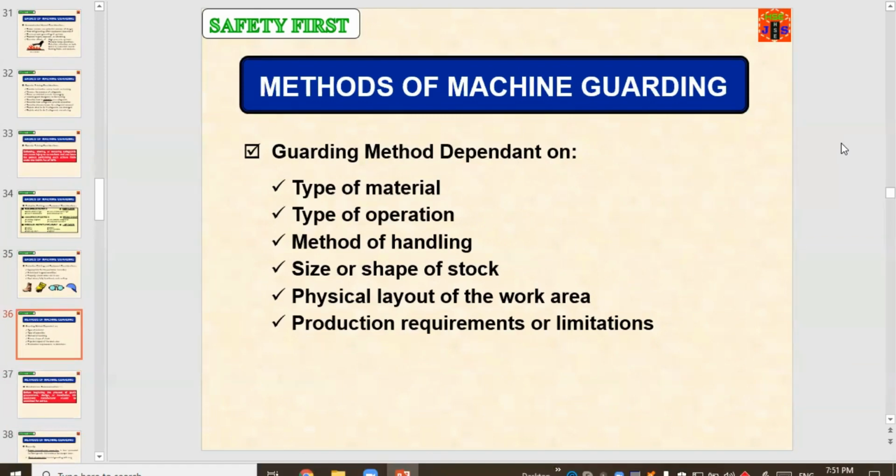Do you know the guarding method depends on the type of material, the type of operation, method of handling, size or shape of stock, physical layout of the work area, and production requirements or limitations. These points must be considered while selecting the guarding method.